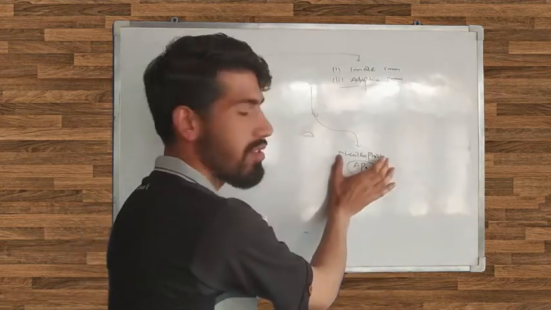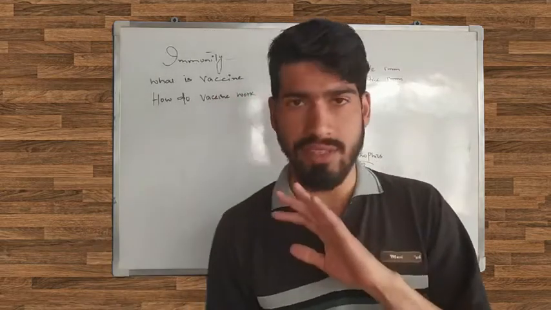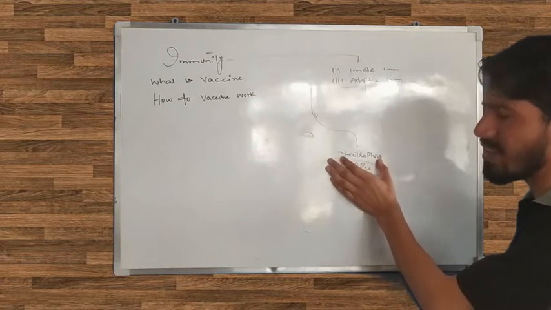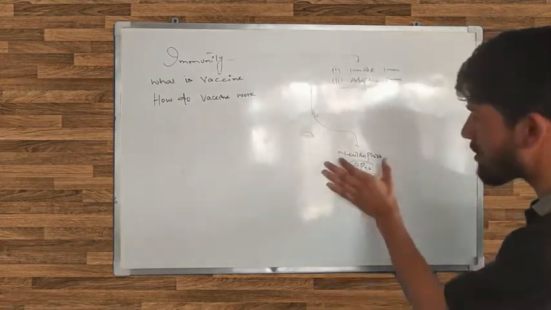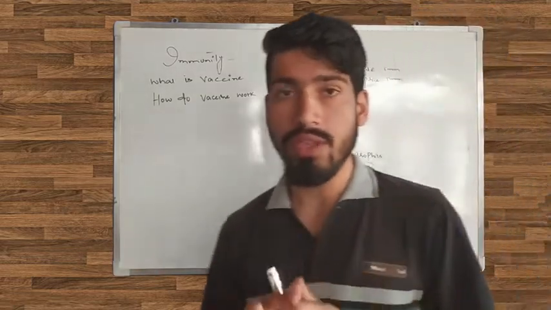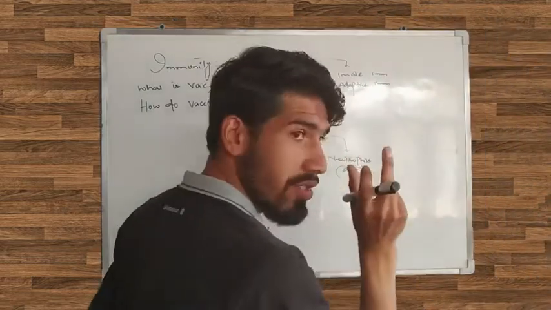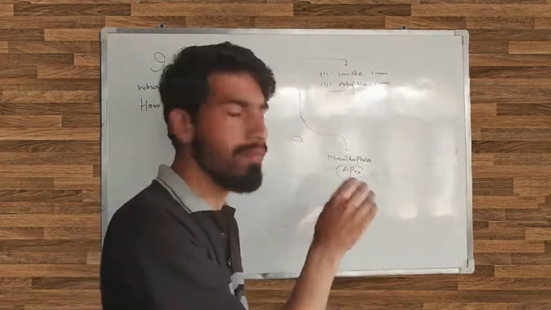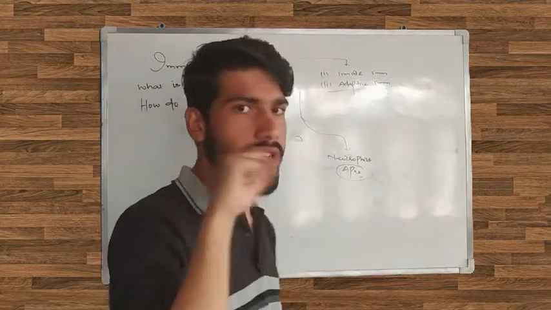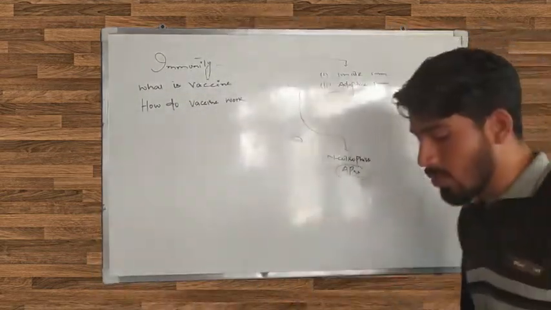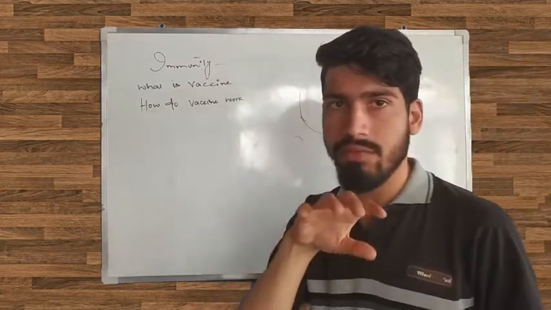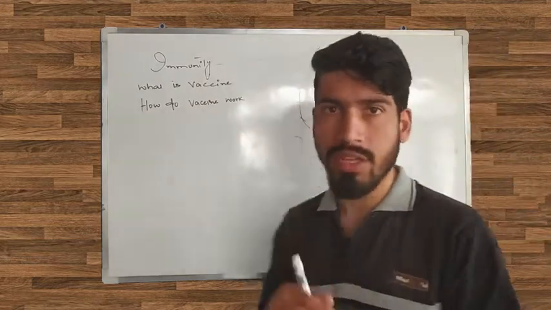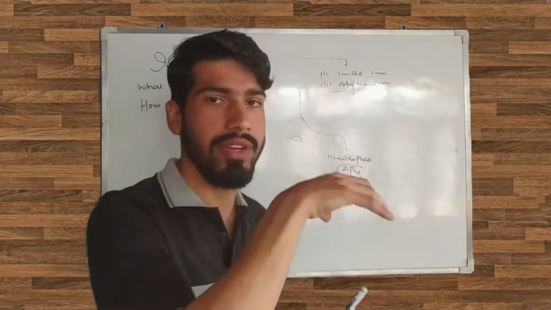These neutrophils are a type of white blood cell, circulating inside our body in blood. These cells are phagocytic. So when the antigen comes inside the body, the neutrophils reach the infection site first.